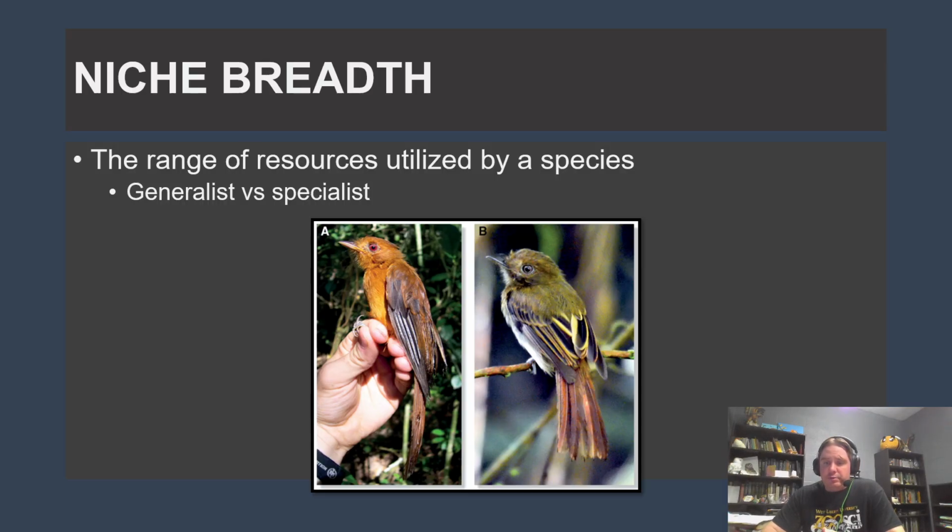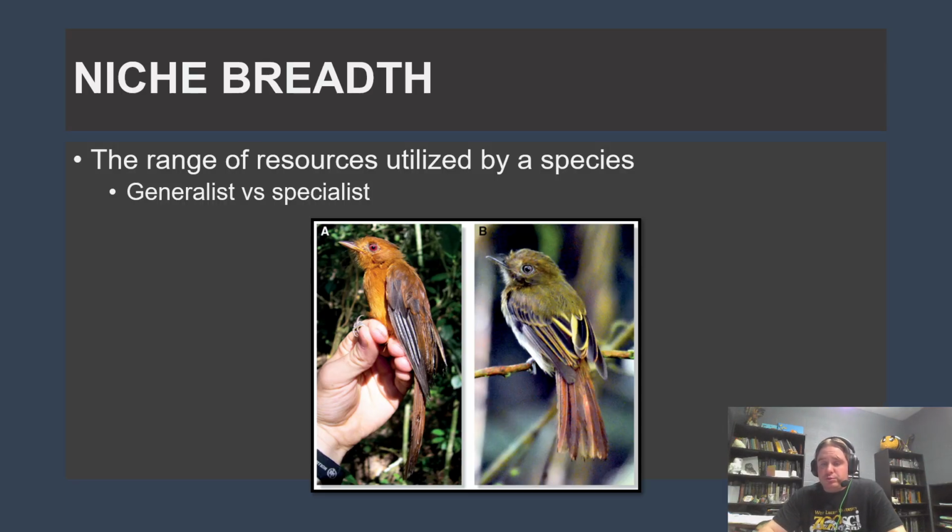Here we have an example of two very closely related species. One has a very narrow niche breadth, and one has a very broad niche breadth. So the rufous twistwing on the left is only found in dense mature bamboo stands. That's the habitat it uses. So its niche is narrow. It's focused on this one type of habitat.